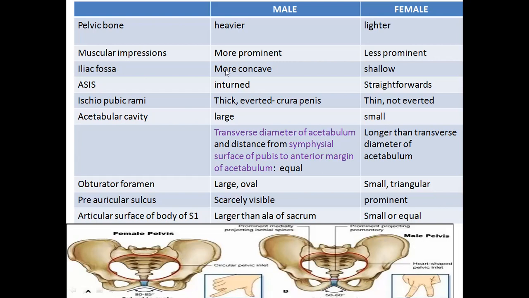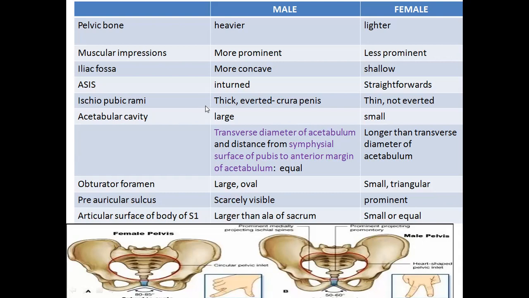The iliac fossa is more concave in males and shallow in females. The anterior superior iliac spine is inturned in males and straight and forwards in females. The ischiopubic ramus is thick and everted so as to give attachment to the crus penis in males, and thin and not everted in females.